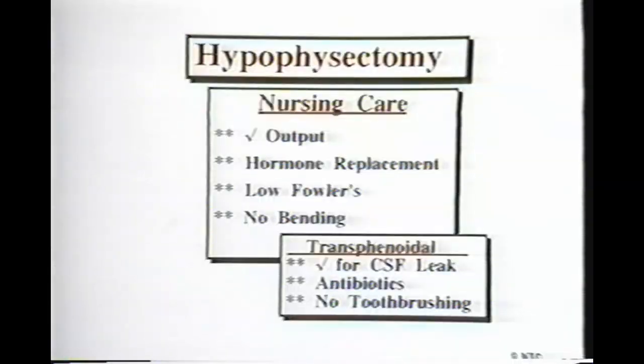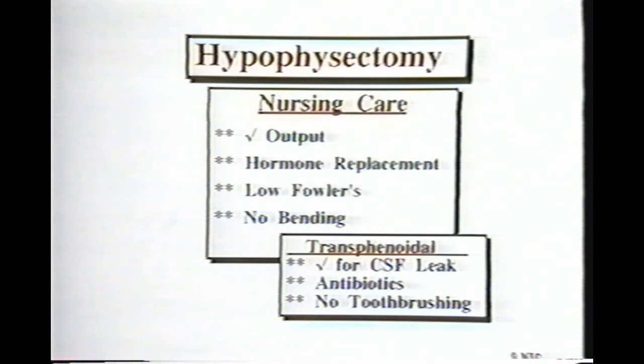So if we look at the picture in terms of nursing care for a hypophysectomy, let's look at the things that are most important. Checking output is at the top of the list, and that's interesting. But remember that the posterior pituitary put out that antidiuretic hormone that we talked about.